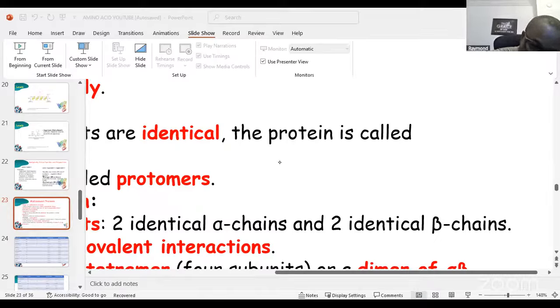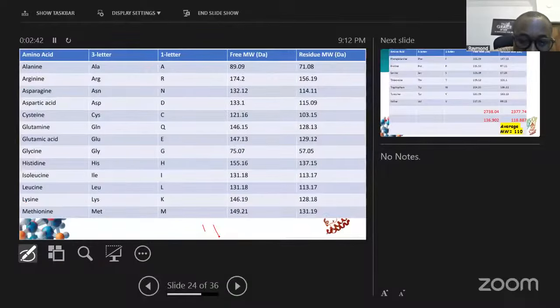So the average molecular weight of an amino acid is 110, or 110,000.